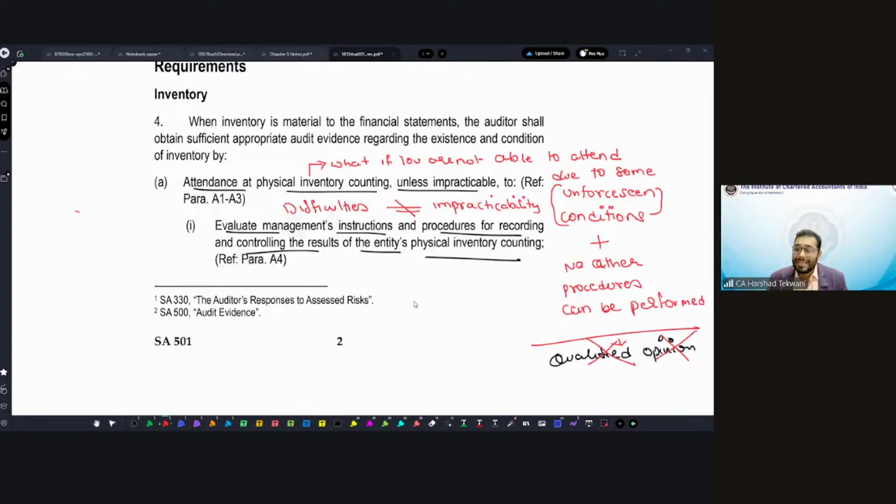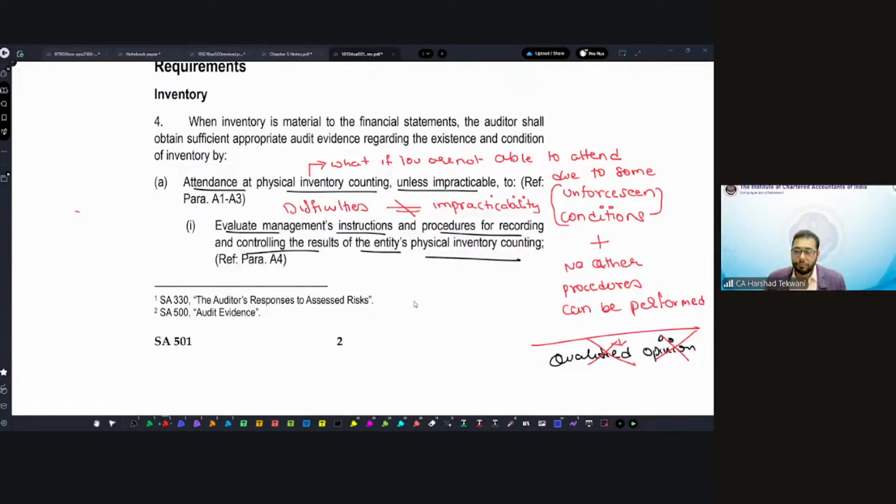But in that case, it is your capabilities which are getting impacted. So when we are accepting the audit, we have to make sure that we are capable enough to perform the audit. If we say we are not able to visit, we are not well, and because of that we are not able to gather sufficient and appropriate audit evidence, or we don't have any person to perform on our behalf, that's the issue of capability.